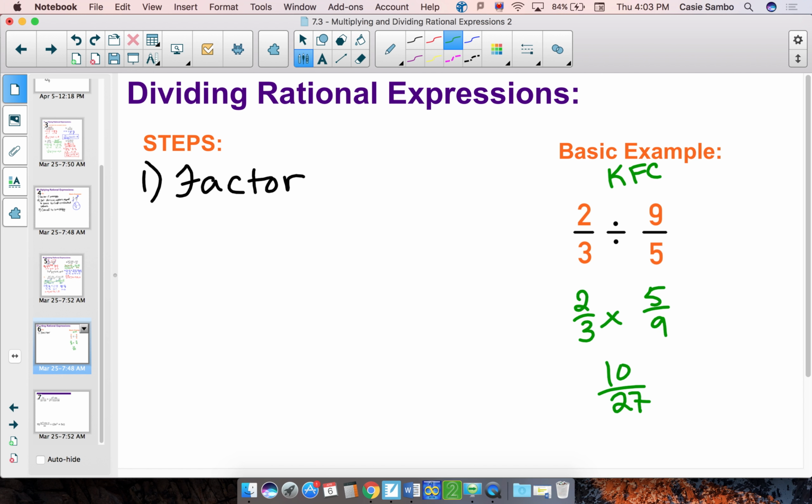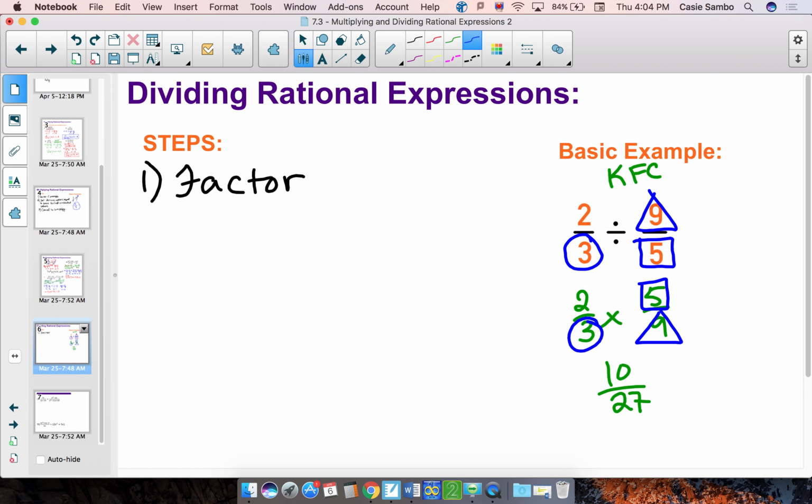The important part that I want you to notice is which numbers are on the denominator at any point during this problem. So we have this in the denominator, in the same spot in both times. This one starts in the denominator and ends up in the numerator. And this 9 starts in the numerator but ends in the denominator. At any point, a fraction cannot have a 0 in the denominator.